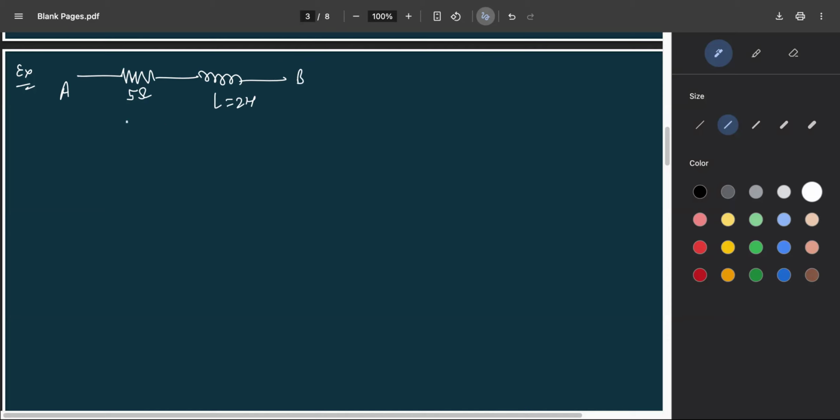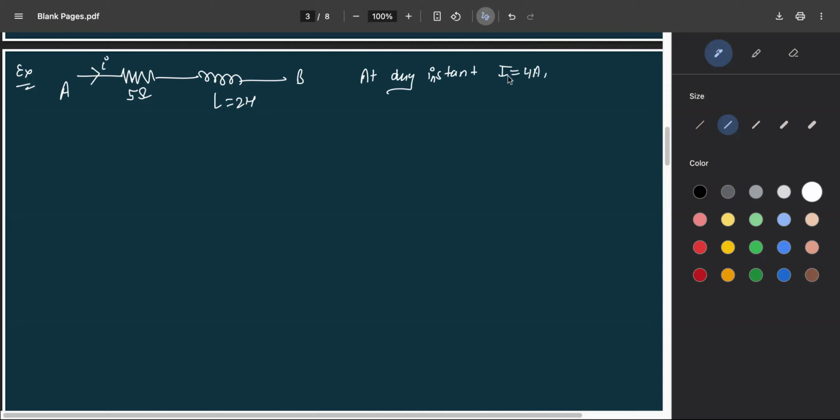Also, you are given that current is going this way, at any instant, I is 4 ampere.